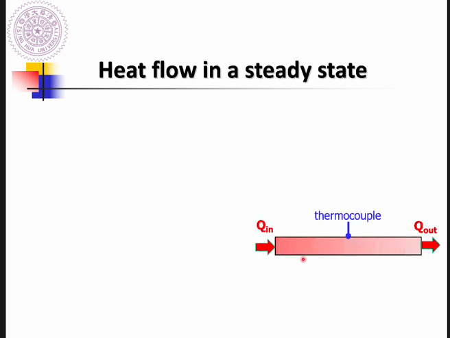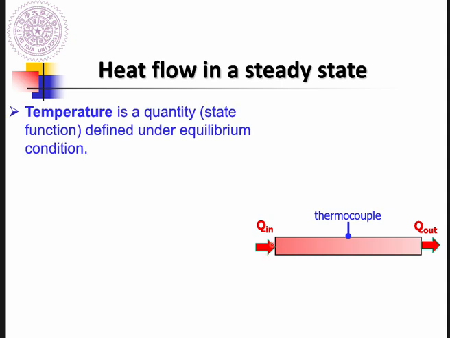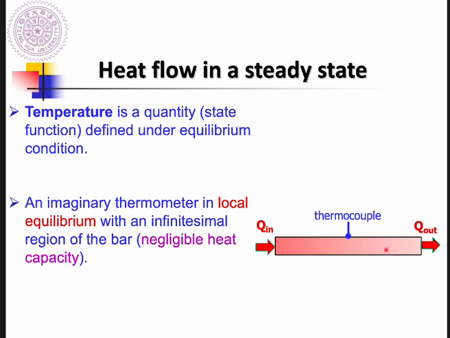What we have here is something we introduced before, so I'll move faster. We have a metal bar, and we use a thermocouple to measure the temperature along this metal bar.